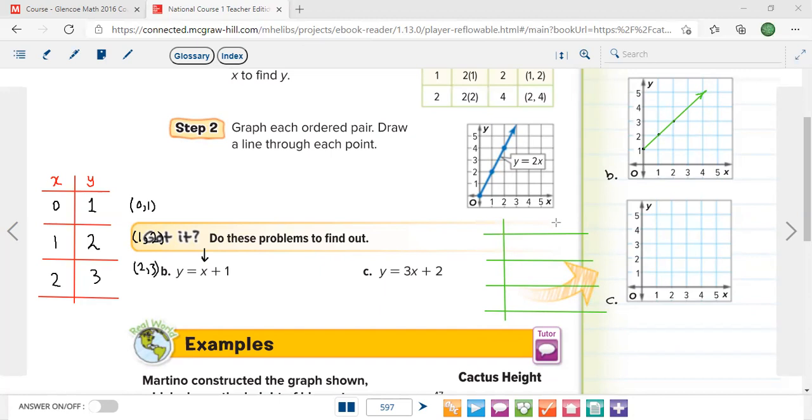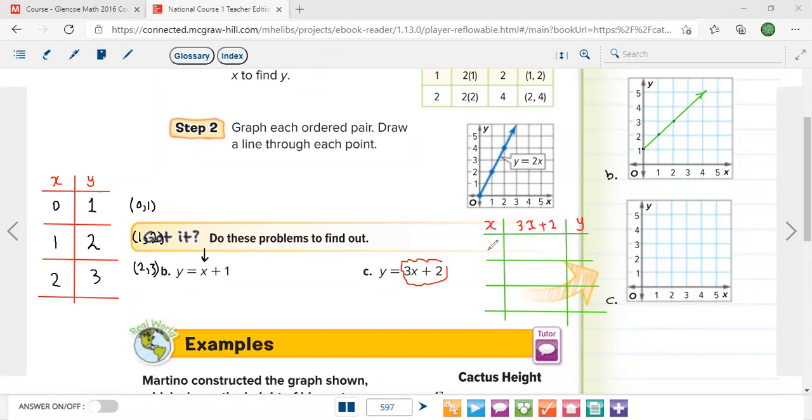This time, I will show my calculations. So here is the x, and the final answer is the y. And here is what is happening, the operation. This is called the operation or the function rule, like the last lesson, 3x plus 2.